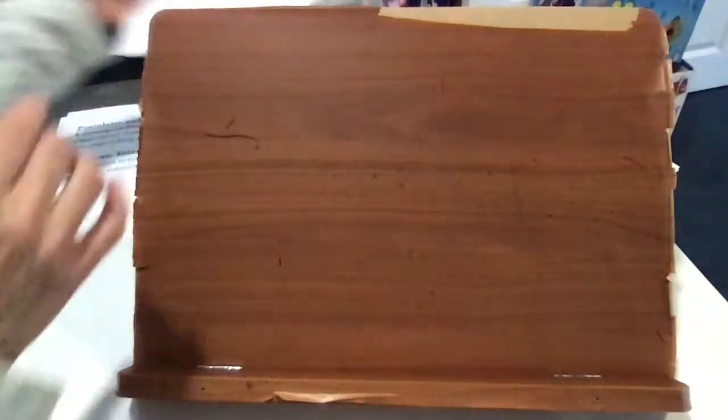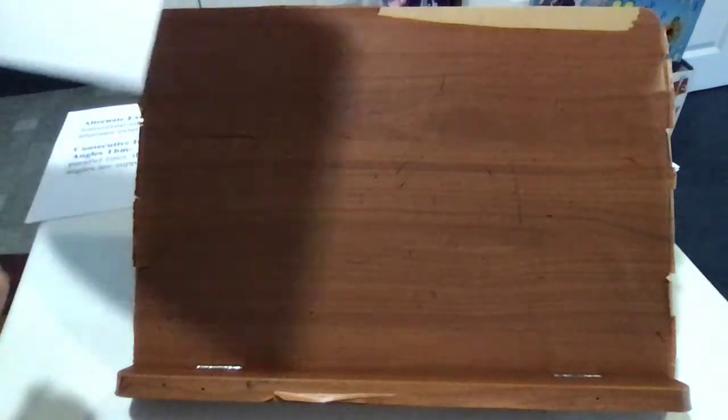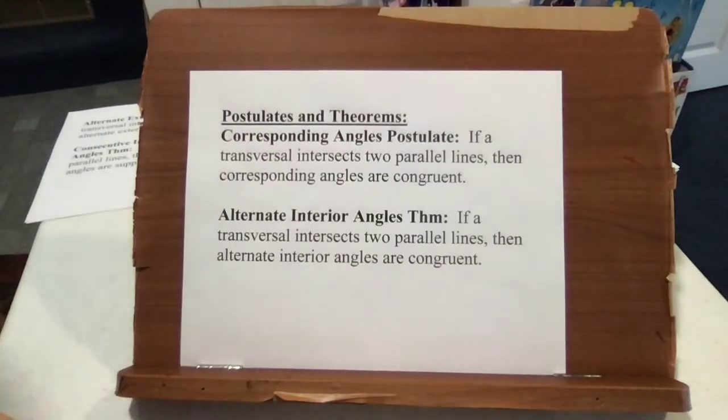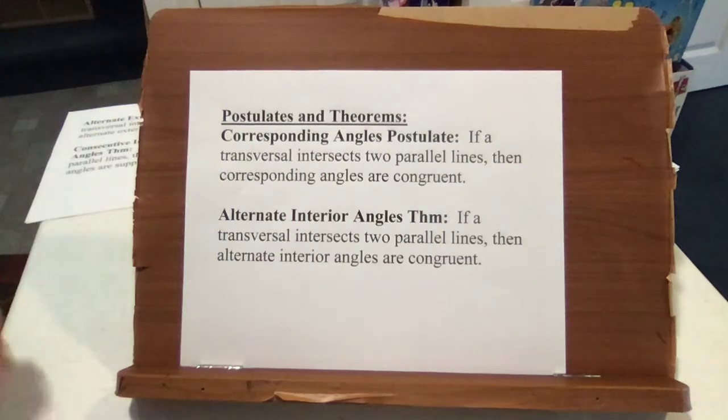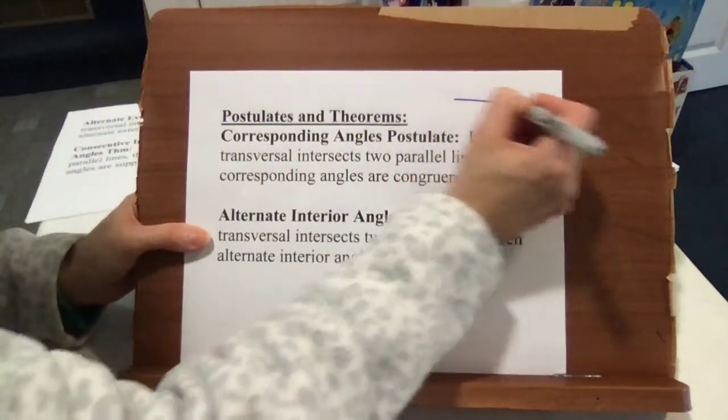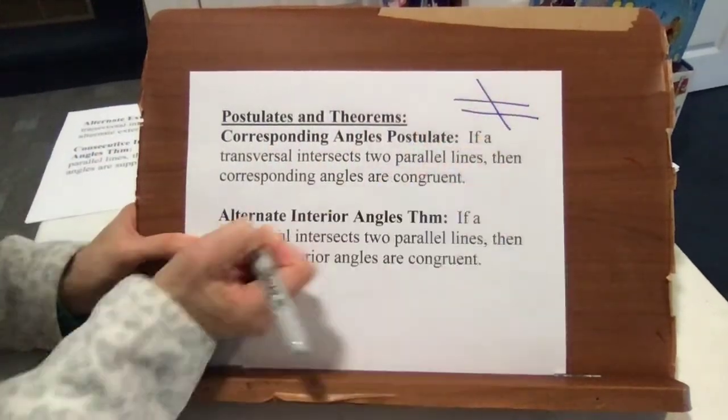So with that, we have postulates and theorems that have to be memorized. Corresponding angles postulate: if a transversal intersects two parallel lines, then corresponding angles are congruent. Okay, here are two lines cut by a transversal.